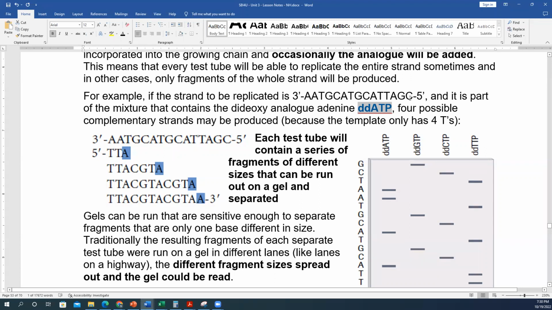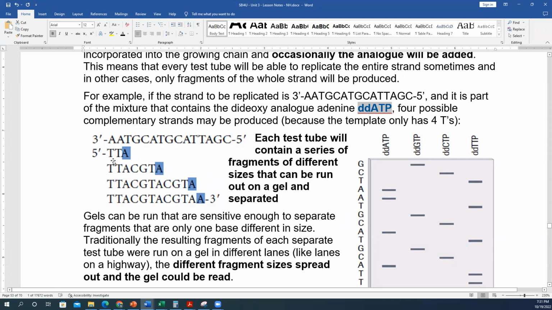If you look at the sequence, based on this template sequence, you will be able to produce 4 possible complementary strands, because this template only has 4 possible T's in it, right?